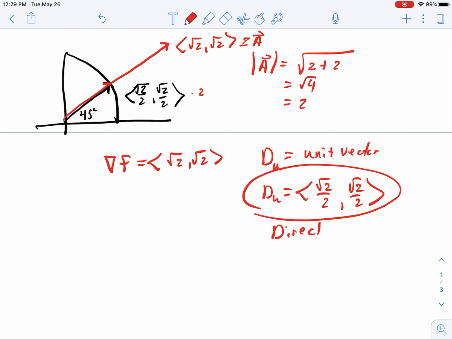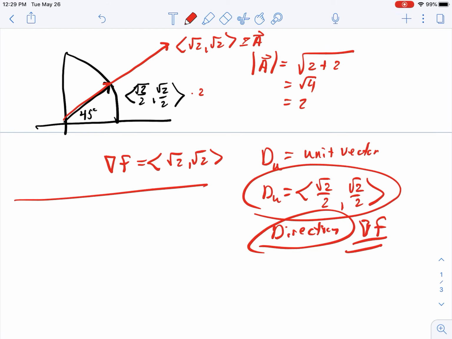So this is the direction that I want to take of the gradient of f. So basically, if I take the gradient and multiply it by the directional derivative as a dot product, I would have root 2 and root 2. Okay, there's that piece.